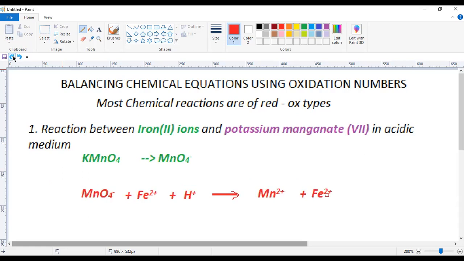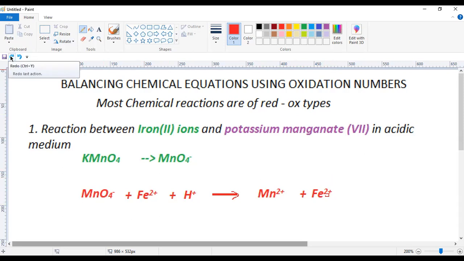Here, I had written Fe3 plus as Fe2 plus. I just corrected that. When you get this equation first, MnO4 minus ions react with Fe2 plus in acidic medium to produce Mn2 plus and Fe3 plus. I say in a redox reaction, always a reduction and oxidation reaction.